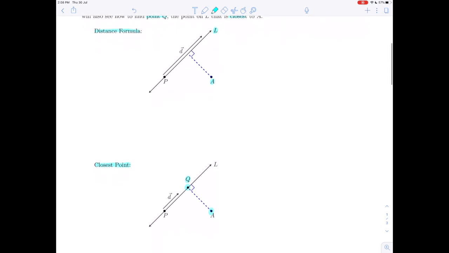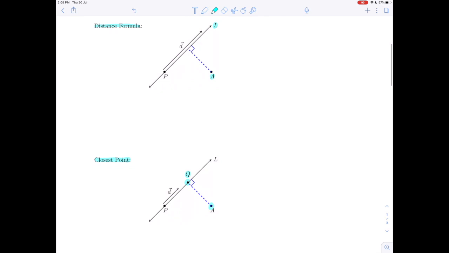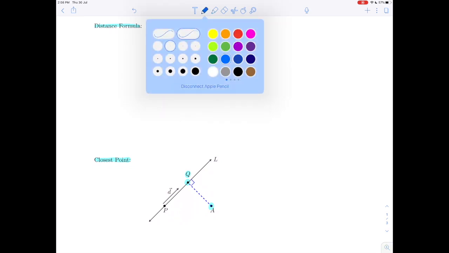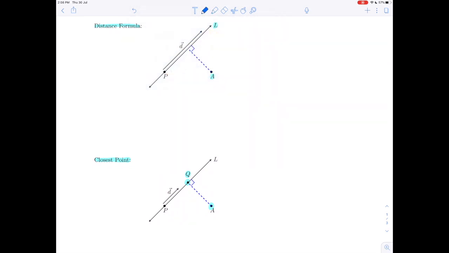So let's start with the distance formula. The first thing I'm going to do is remember that I can always see a point P on the line from the equation of the line, and I'm going to construct a vector from P to A. So that is PA.